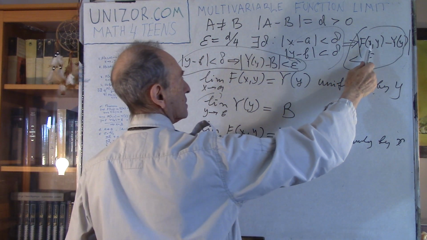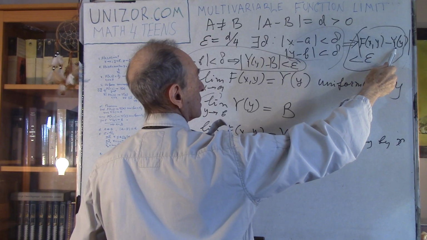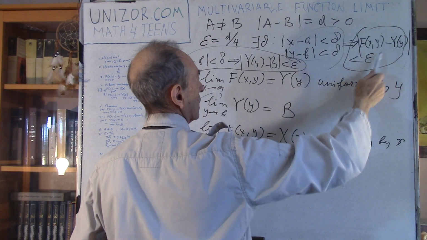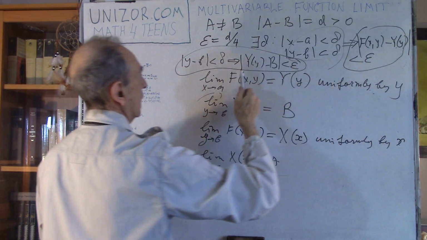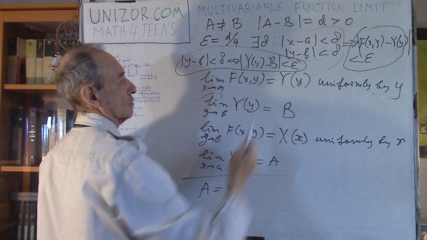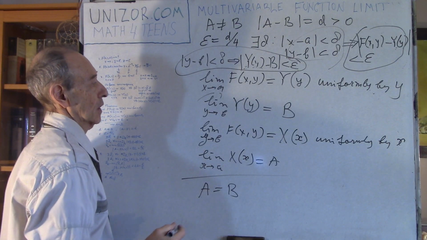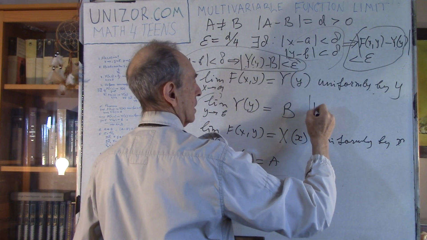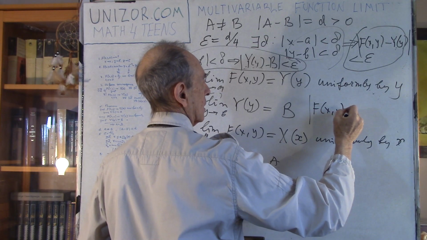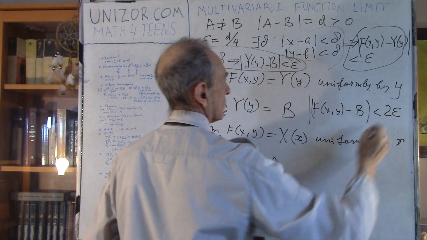So this value minus this would be less than epsilon, and the same Y of y minus B is also less than epsilon. What does it mean? Well, it means that |f(x,y) minus b| is supposed to be less than 2 epsilon, right?